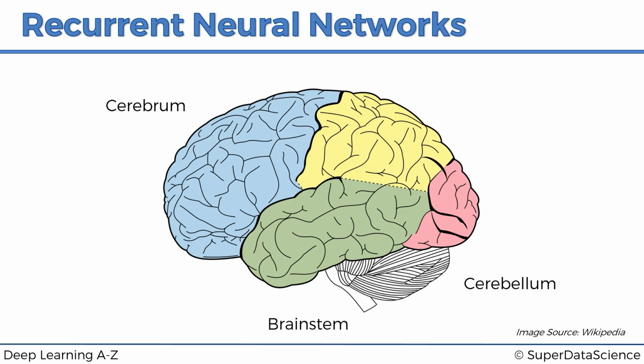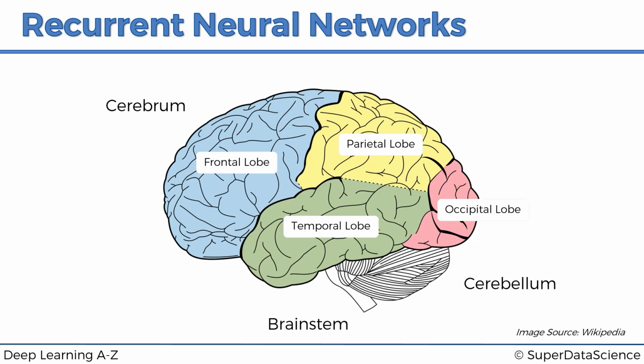Now, the cerebrum has four lobes, and they're colored in here. It's got the frontal lobe, the temporal lobe, the parietal lobe, and the occipital lobe. Now, how do we link these? We've got ANN, and we've already discussed CNN and RNN. The hardest one to start off with was probably ANN, because what is the main advantage of ANN?